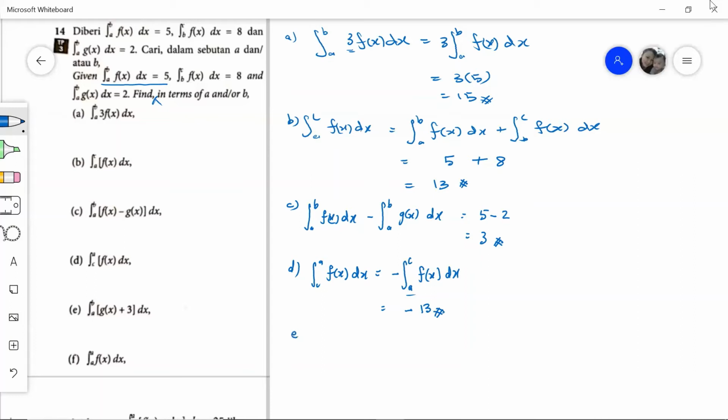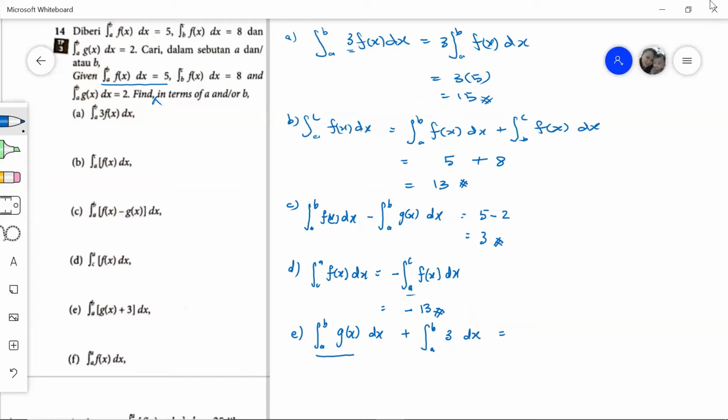Okay, so for E, we integrate from a to b, g(x) plus 3. Again, we can split it and write in two terms of definite integral. A to b, 3 with respect to x.